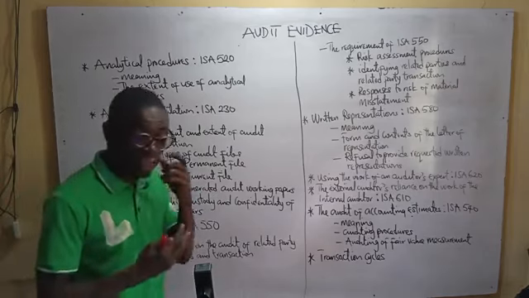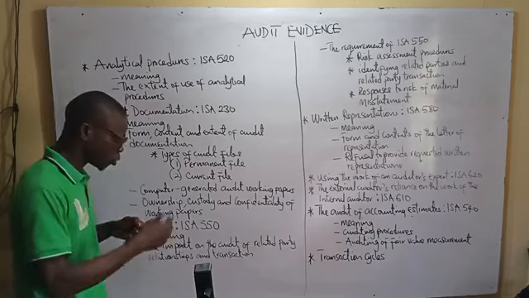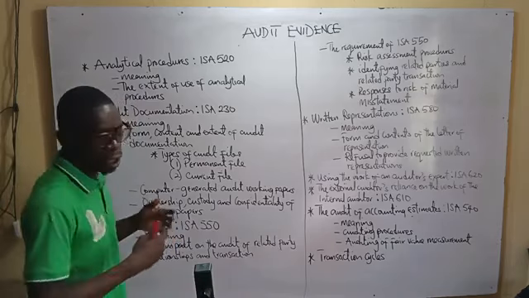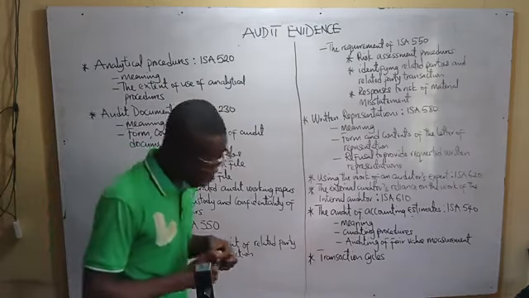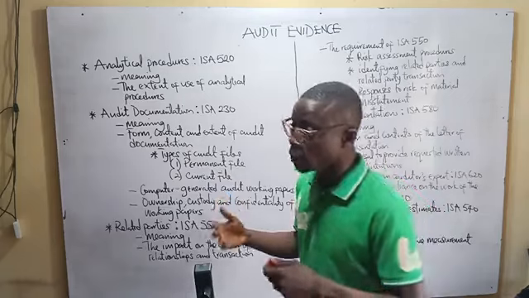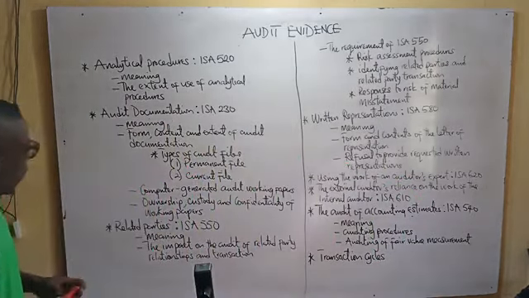Also, it makes it easy for supervising or reviewing the work performed by the member of the team, by the engagement partner, without physical presence. So we have moved into that now.